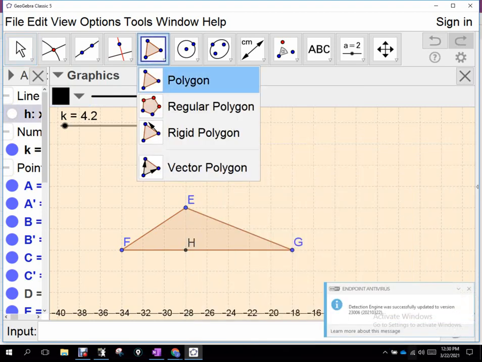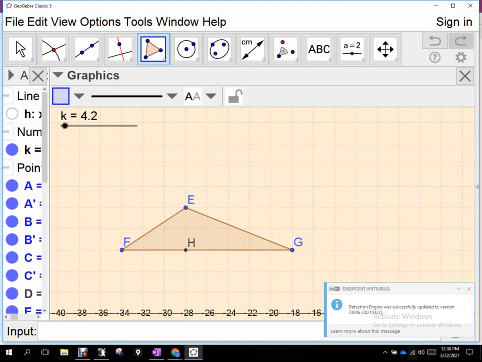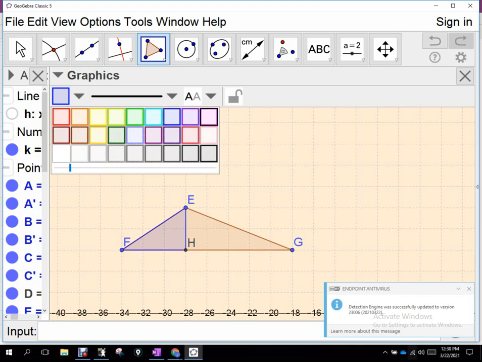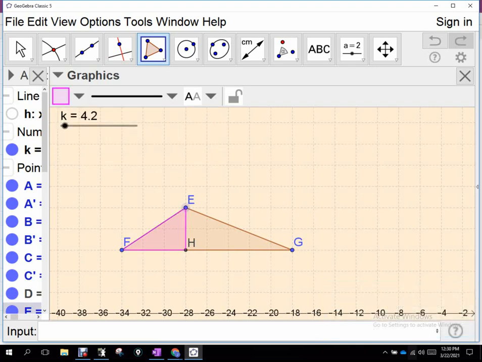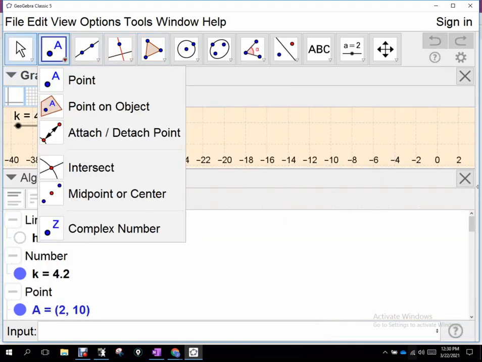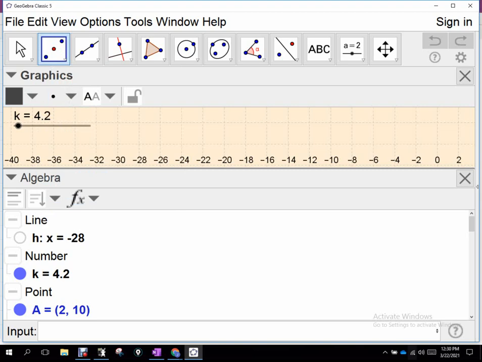All right, so what if we take and look at that blue triangle, and let's find the midpoints of these things.